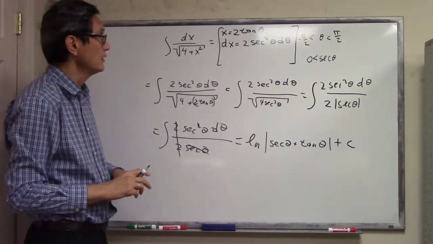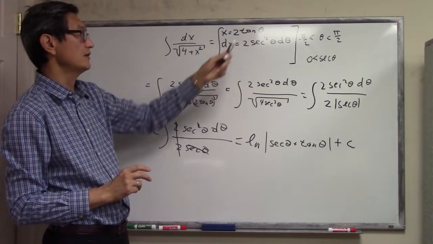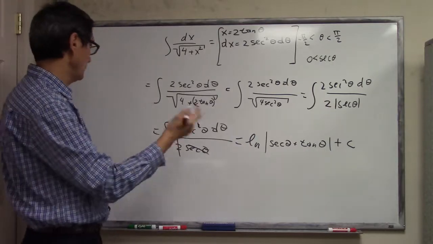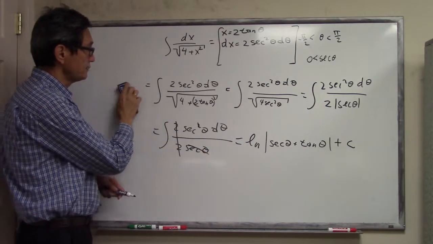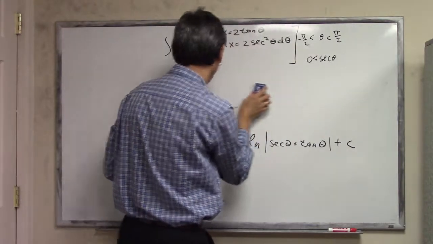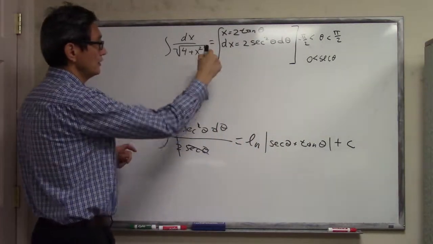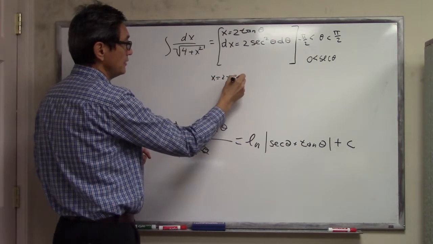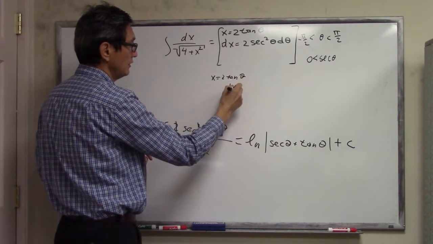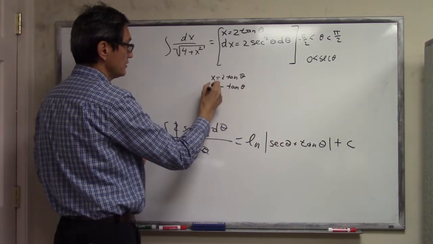Do back substitution. So we recall that we are doing the substitution x equals 2 tangent theta. I will write the intermediate steps, and I will write down our substitution here. So recall that x equals 2 tangent theta, so tangent theta from here is x over 2.